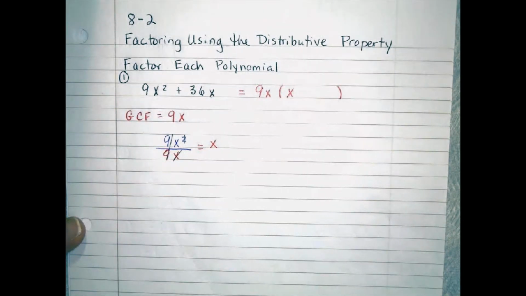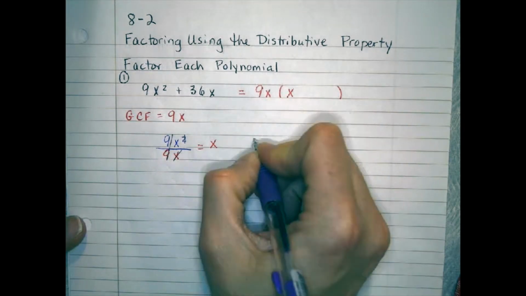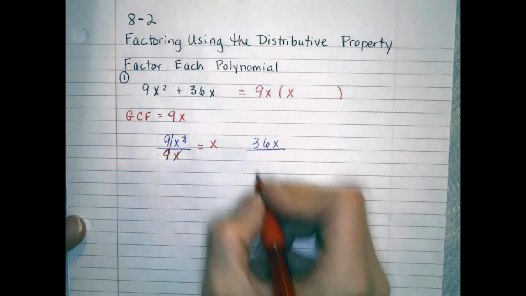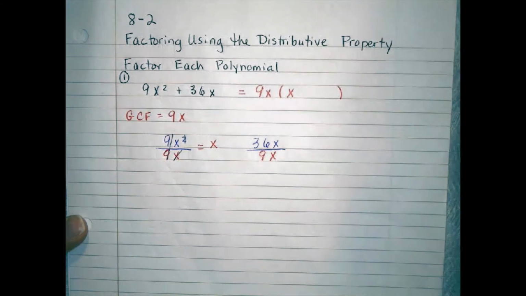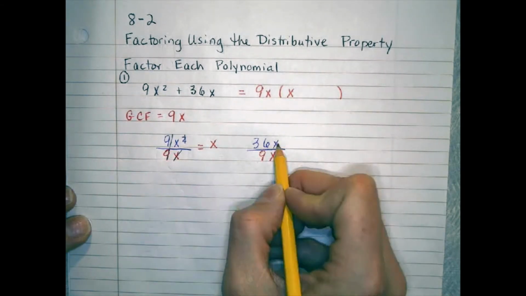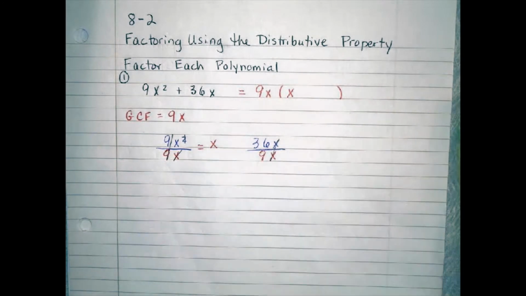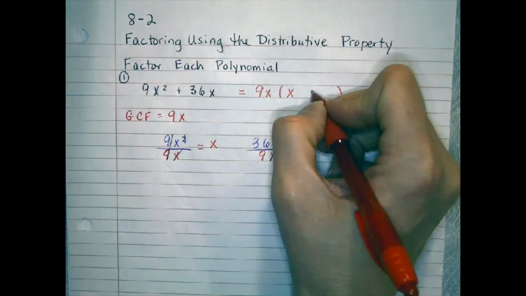I then take my second term, which is 36x, and I divide it by the greatest common factor of 9x. And in this case, I notice that my x's cancel, and 36 divided by 9 is 4. So I am left with just plus 4.